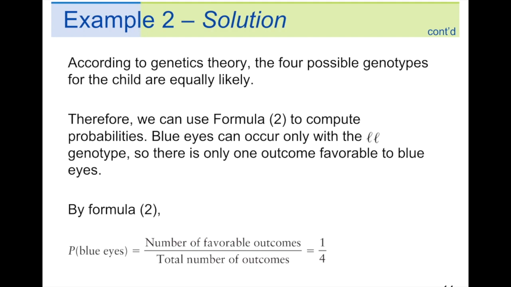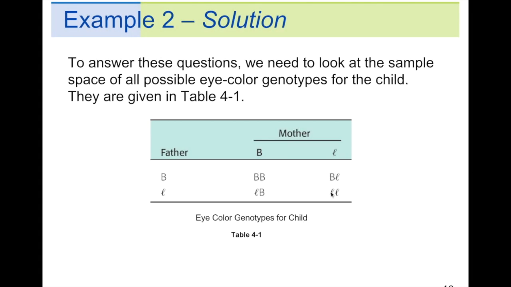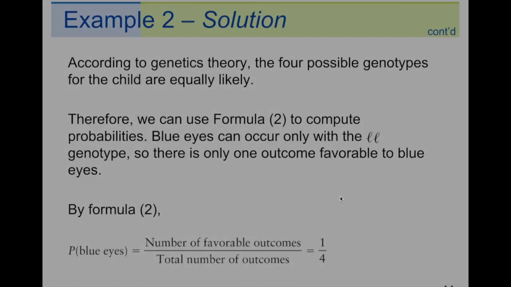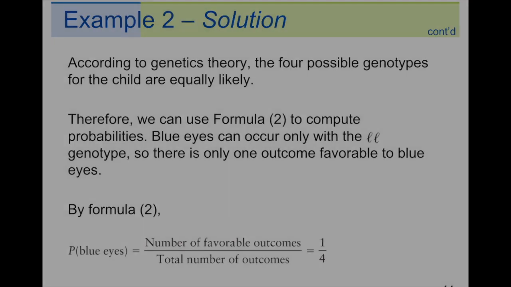So the formula is the probability you have blue eyes, number of favorable outcomes, divided by the total number of outcomes. As we saw in the table, only one of those, this one here, will give blue eyes, and there's 4 total. So 1 over 4, or 0.25.